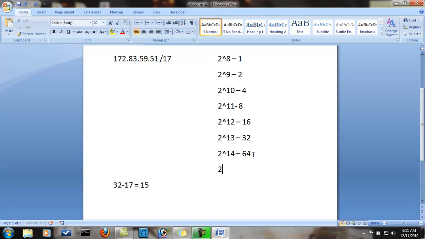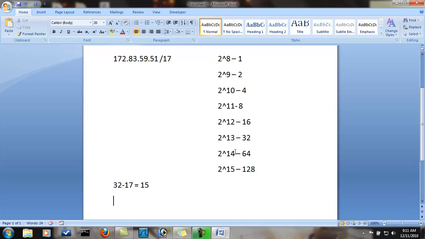So if it's 15, it's gonna go up by 128, right? So right now since we have a /17, we're working in the 3rd octet. If you count it in binary, it ends up being in the 3rd octet.